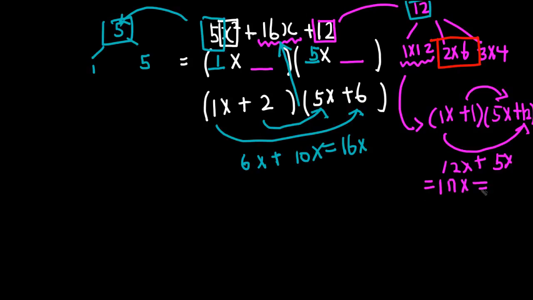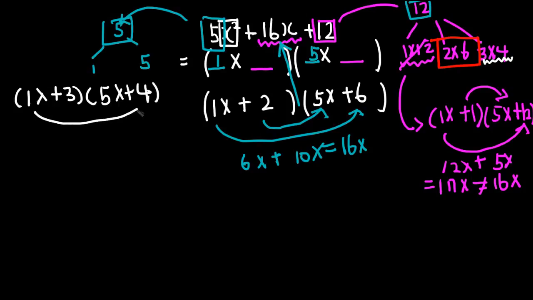But 17x is not equal to 16x, so we can cancel this out from our answers. Let's go to the last one, which is 3 times 4. If you input 3 and 4, it will be 3x, 1x plus 3 times 5x plus 4.